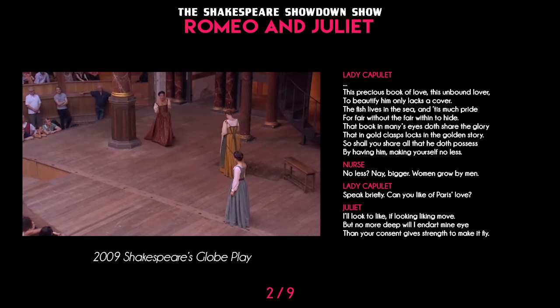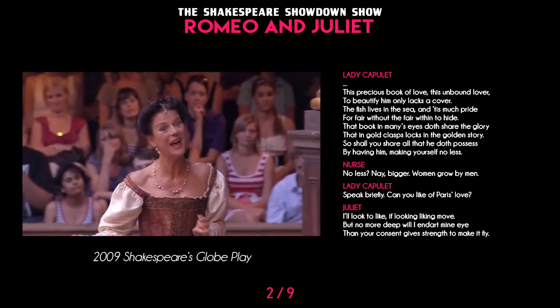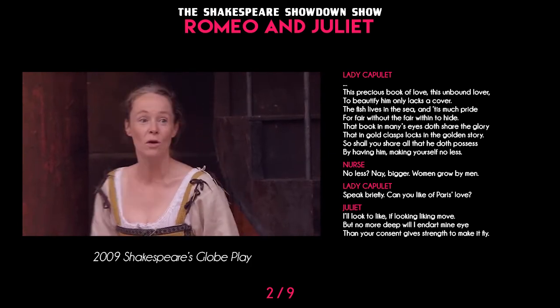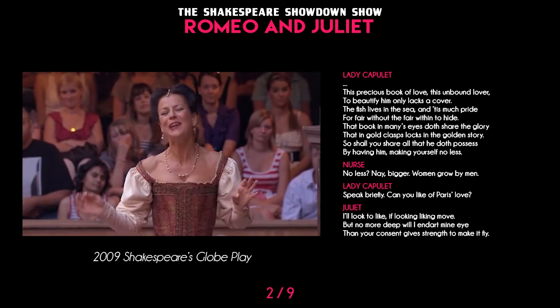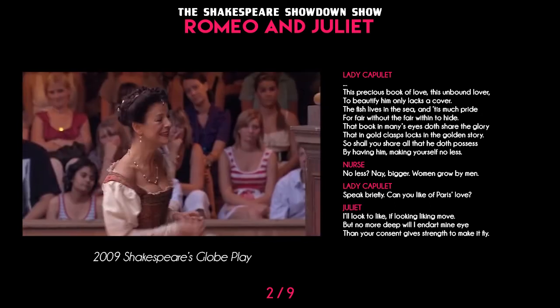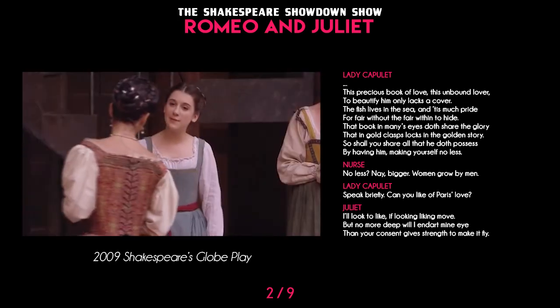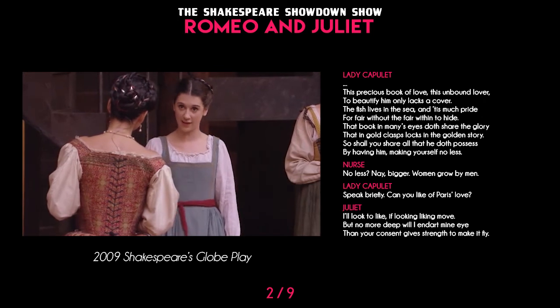So shall you share all that he doth possess, by having him, making yourself no less. No less, nay, bigger. Women grow by men. Speak briefly, can you like of Paris, love? I'll look to like, if looking liking move. But no more deep will I endart mine eye than your consent gives strength to make it fly.